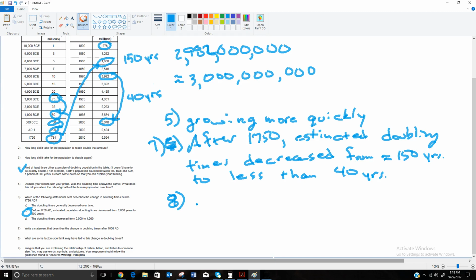A lot of factors play into that. And one of the main factors is just healthcare and things like that. Things that cause people to be able to live longer. And so, you know, we're not getting eaten by animals as often as they were, say, back in the BCE era.